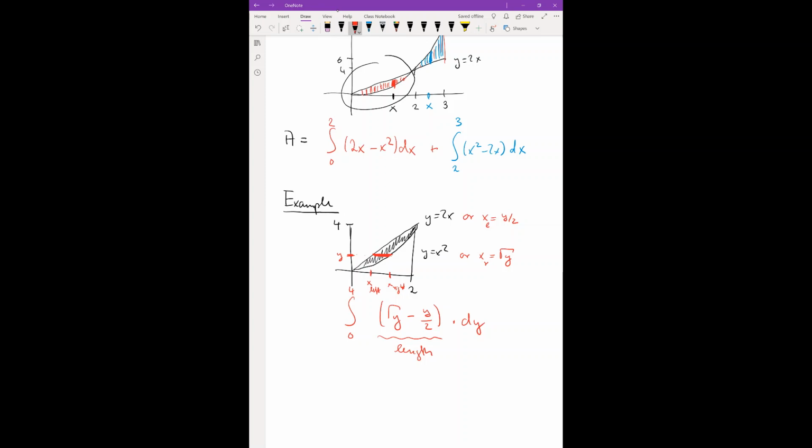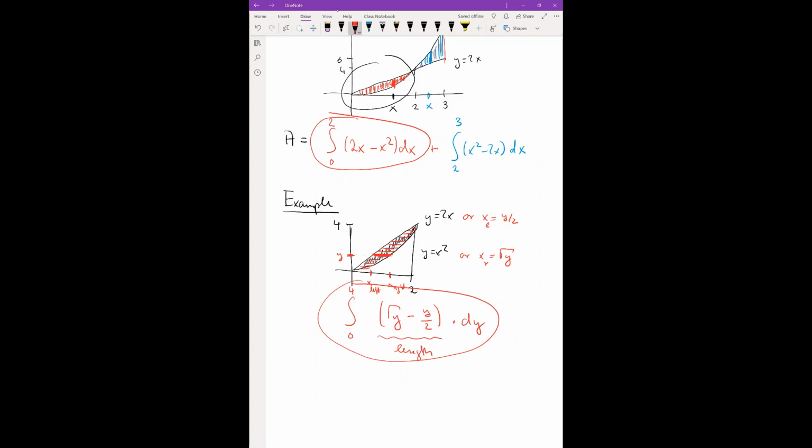Okay, I claim the value of this integral is the same as the area of this integral. It is the same area, just the first one you set up with vertical slices, and the second one you set up with horizontal slices.